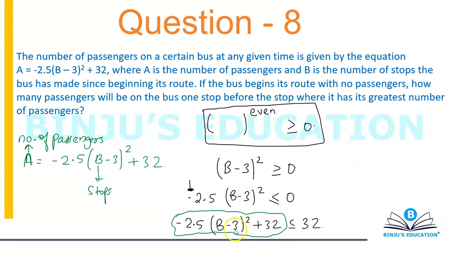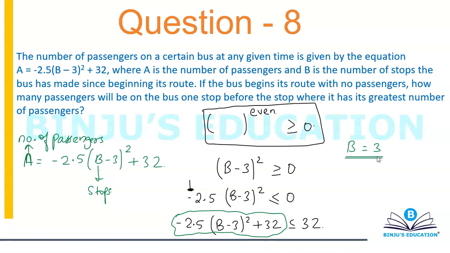This will be 32 when (b minus 3) square is equal to 0, because minus 2.5 into (b minus 3) square is less than or equal to 0. So it will be maximum when b is equal to 3. That is, at stop number 3, the bus is going to have the maximum number of passengers.